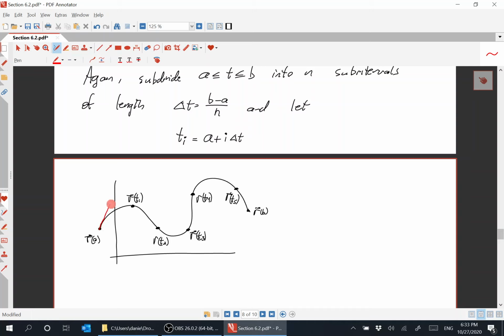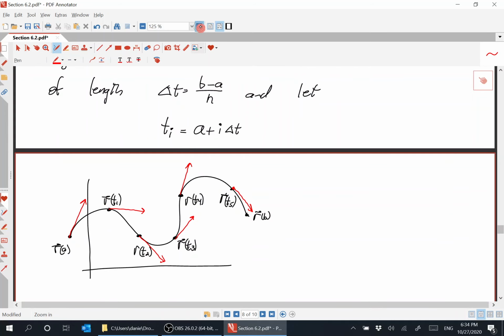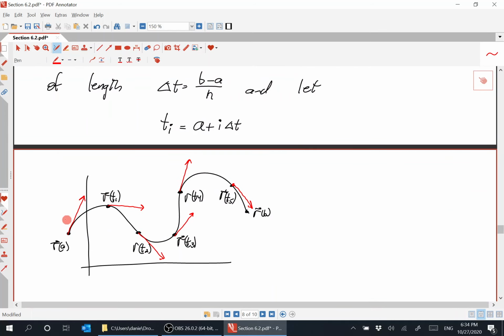Instead, you approximate with tangents to the curve. And the tangents are what? It's r prime. Which shouldn't come as too big a surprise because the length of the curve is given by the tangent function, r prime. So this is going to be r prime of a. And you don't use the whole curve.